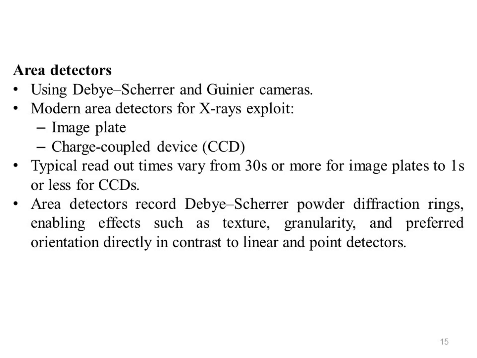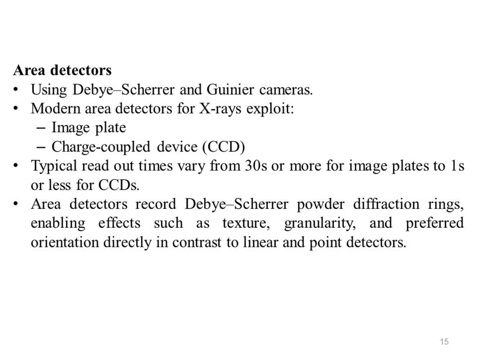Image plates are large area detectors and record the diffracted X-rays directly, whereas CCD chips are small and are coupled to a phosphor screen with a bundle of optical fibers.